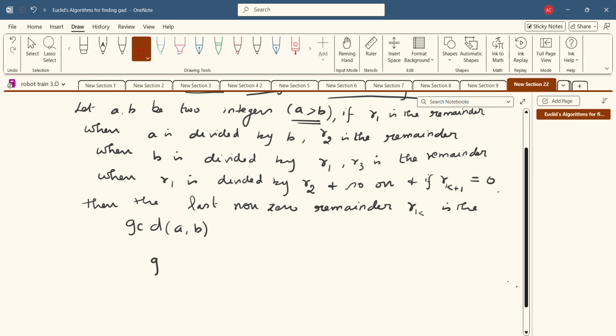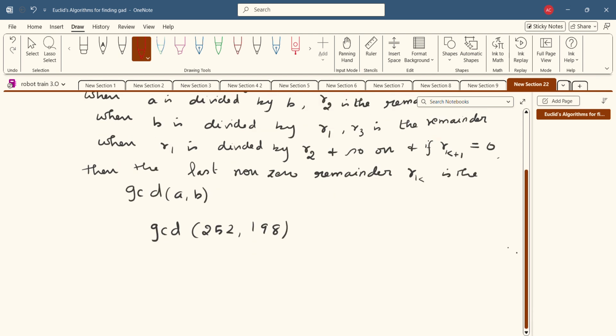I am going to compute the greatest common divisor of these two integers using Euclid's algorithm. First, among these two, which one is more? 252 is more. So you can assume that a is 252 and b is 198.